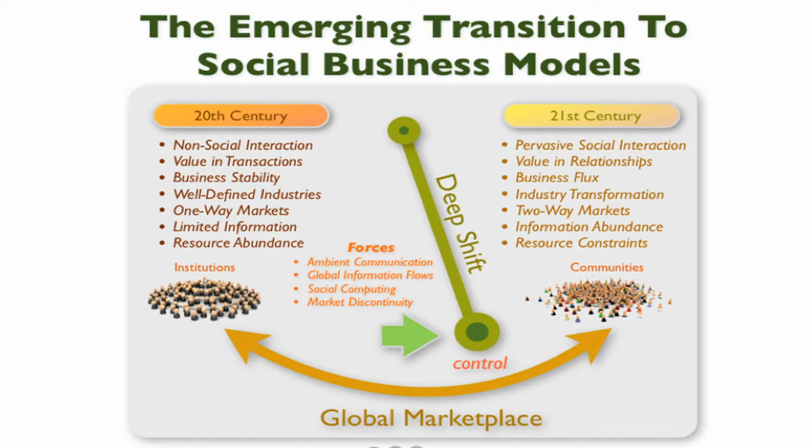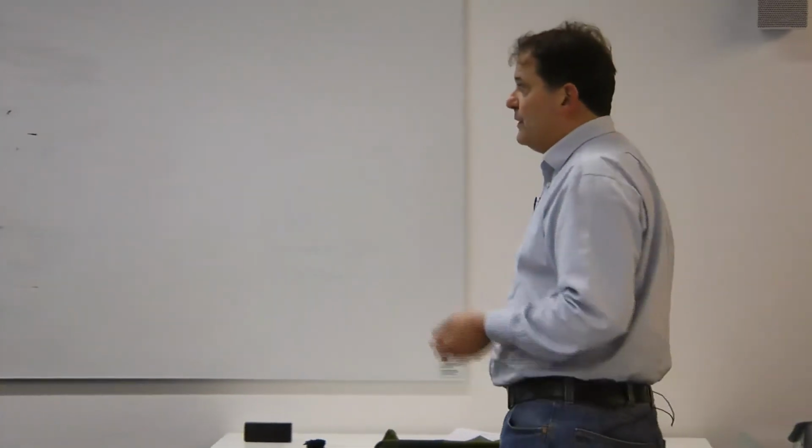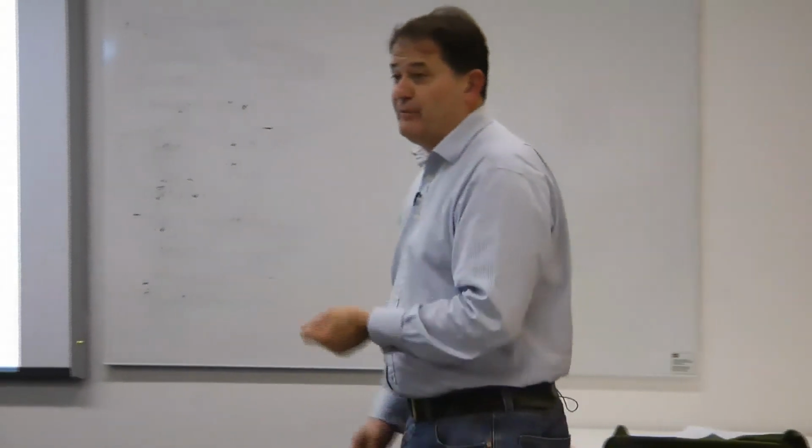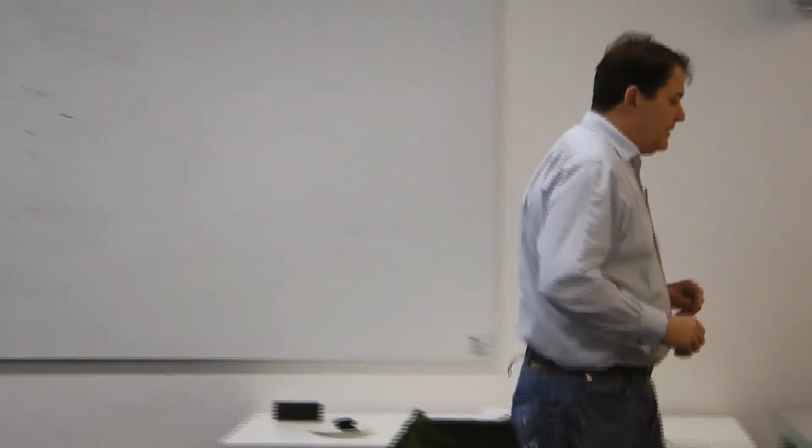Eventually, we say all businesses will be social businesses. But we're moving from this kind of stuff, and I'll let you read it, moving from institutions very much to communities, and to very different ways of doing business, which are some of the social enterprises that you've seen in your visits, and hopefully some of the social enterprises that you're going to build, okay?